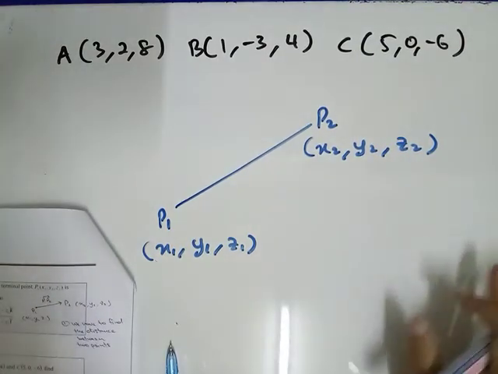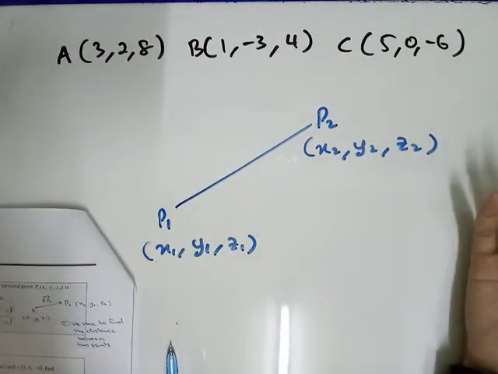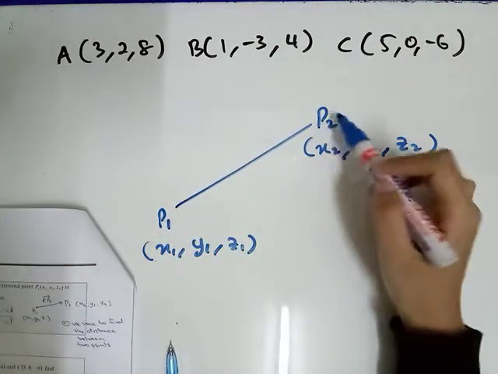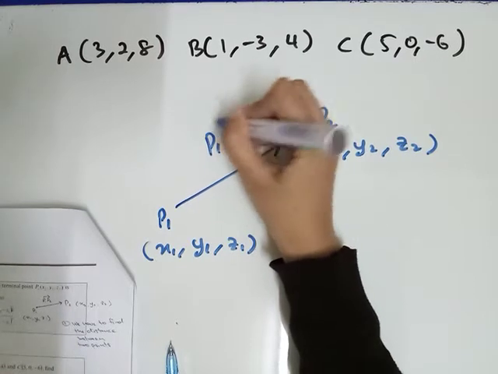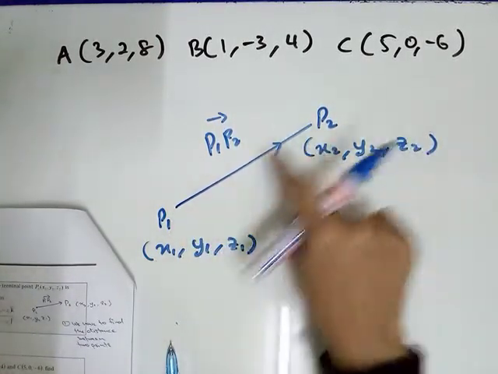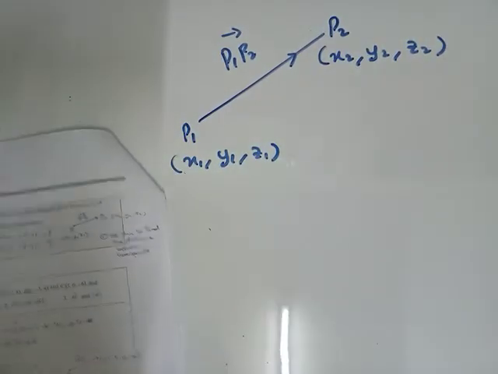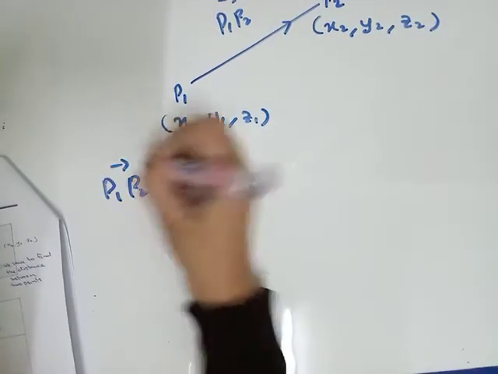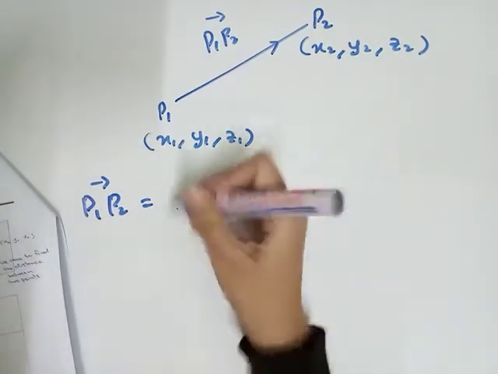When we want to find the magnitude or length of vector P1P2, the first step is to find the distance between these 2 points. We want to find the vector P1P2. To find it, we have to find the distance between these 2 points. How do we find the distance? For vector P1P2, that means X2 minus X1.